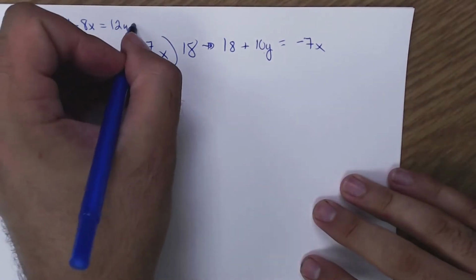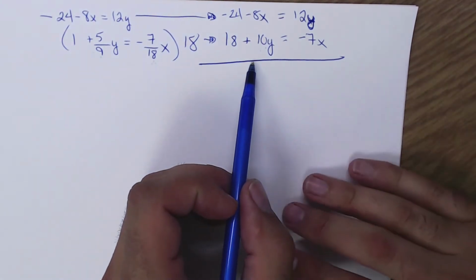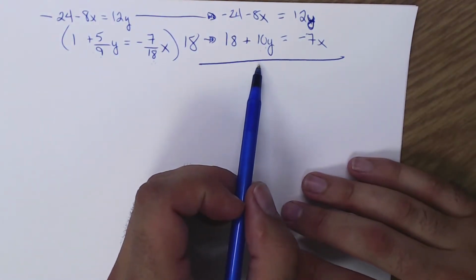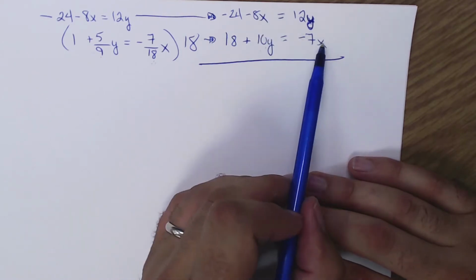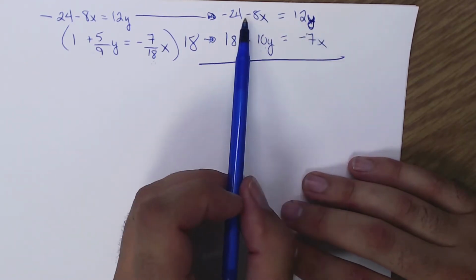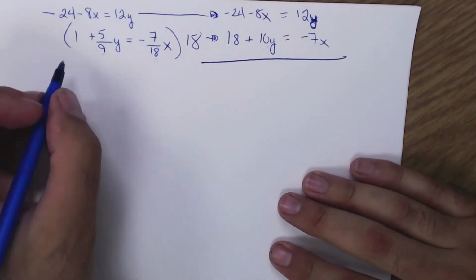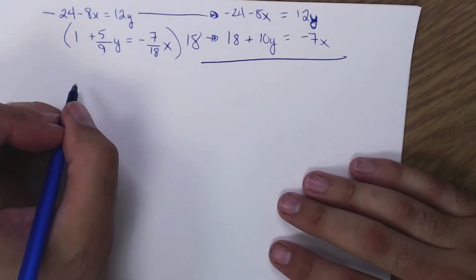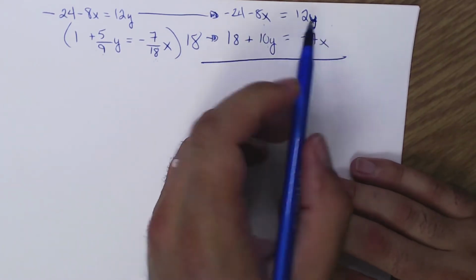I'm going to move this one just straight over just so I can see them together again. All right, now I need to figure out which letter I'm going to solve for and which one I'm going to get rid of. And that's actually still hard to do. I have x stuff equaling things, and I have y stuff equaling things. So I'm going to switch this around even more. I'm going to take this top equation, and let's actually get all of the variables to the right side.